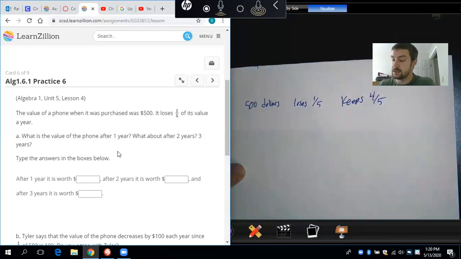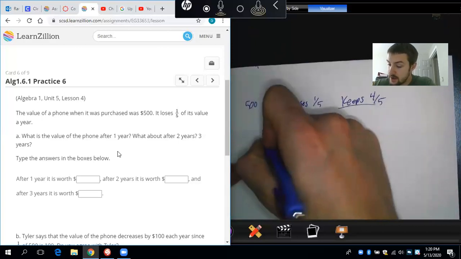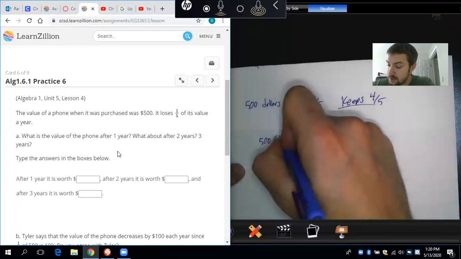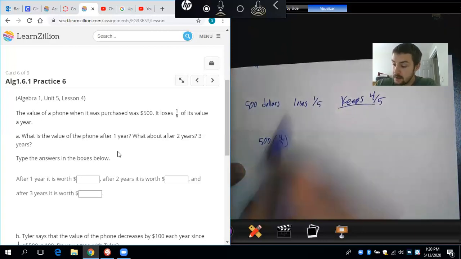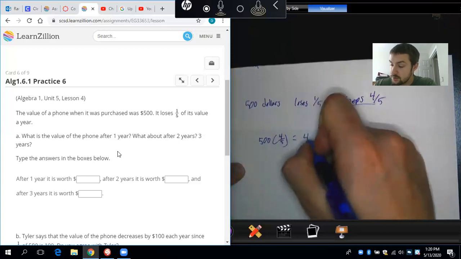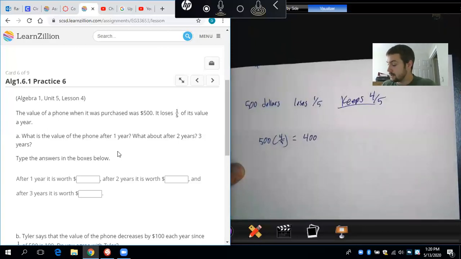So what we want to multiply by is the part that it keeps. So we actually want to take our $500 and multiply by the 4/5 of the value that that phone keeps. So to find it after 1 year, I'm going to multiply by 4/5. What I'm going to get right there should be 400. I can type that in my calculator to double check that.